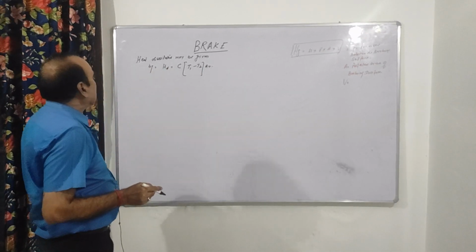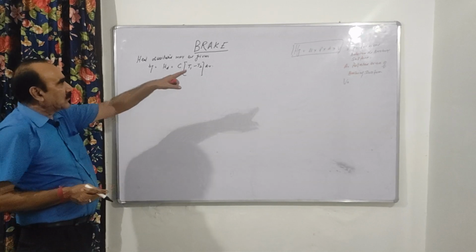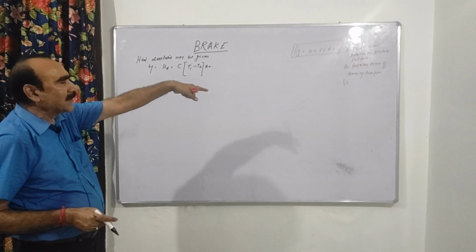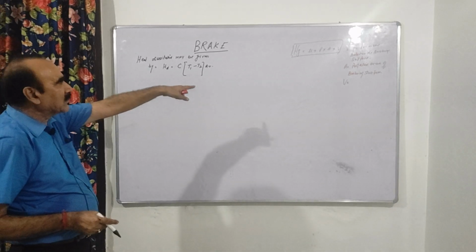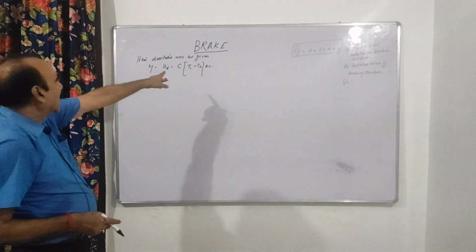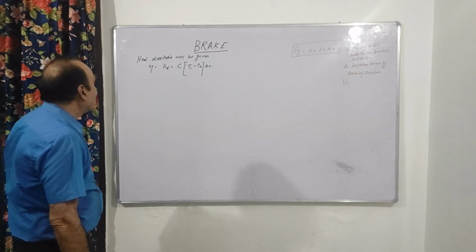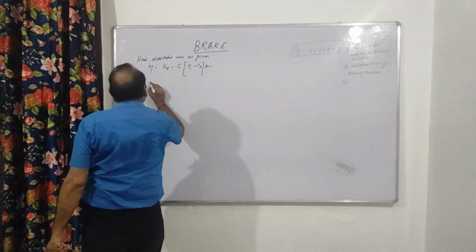Right. This is a very important relation. Heat generated, heat dissipated, there are numerical problems you will get in your university examinations. Hg is equal to this one, and heat dissipated may be given by C into (T1 minus T2) into AR, where C is what?